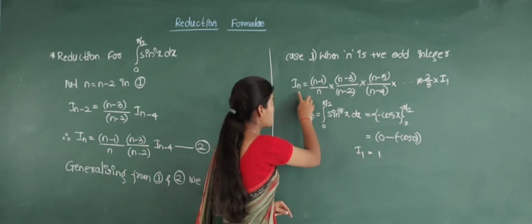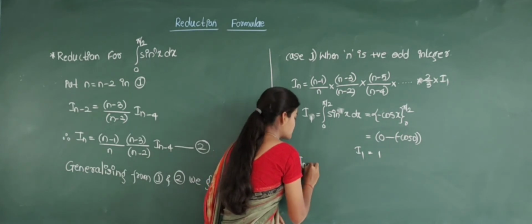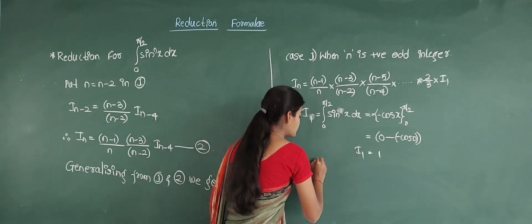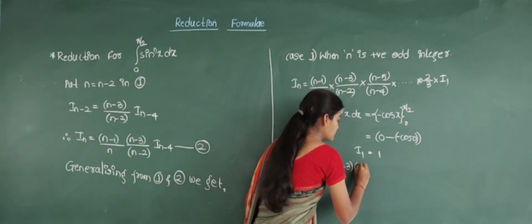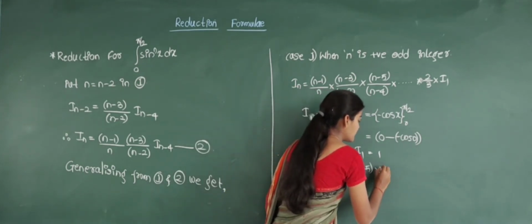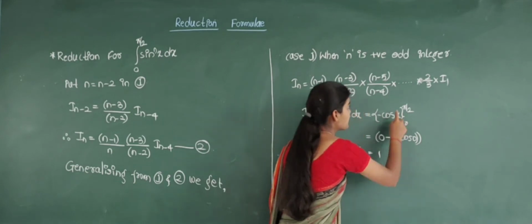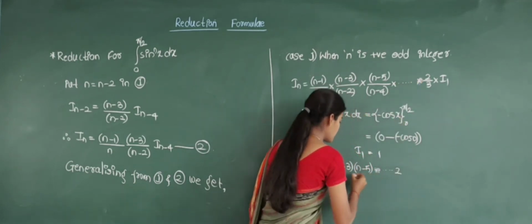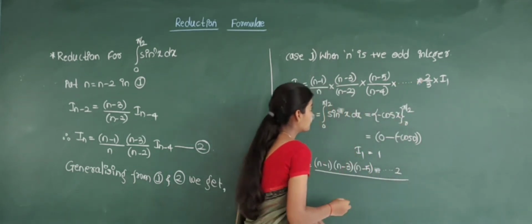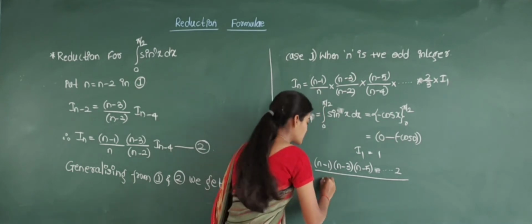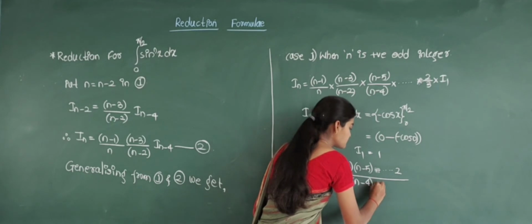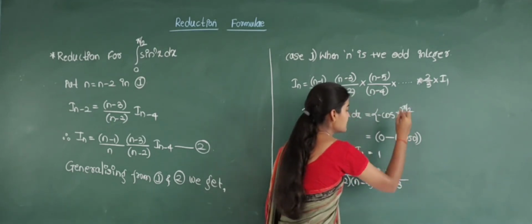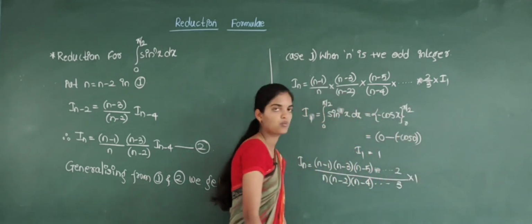Then In is equal to, I will write first the numerators, that is n minus 1, n minus 3, n minus 5, and so on, up to 2. Then divided by, the denominator terms are n into n minus 2 into n minus 4 into, and so on up to 3, and I1 value is 1.